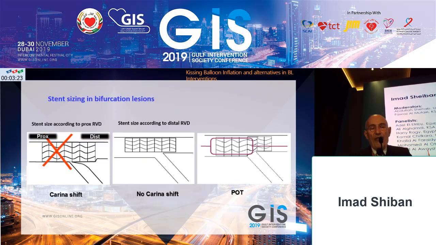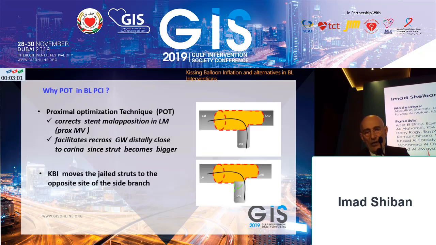And of course, the stent sizing in bifurcation should be based on the distal part of the main vessel rather than the proximal part, because if it is a big stent, then it will cause carina shifting. If it is smaller in the proximal part, it can be corrected by inflation of a bigger balloon, what we call POT.